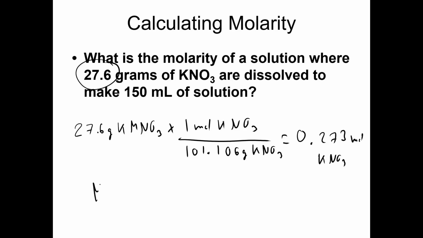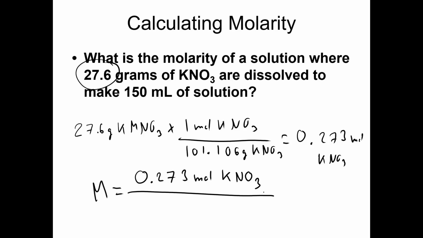And then if I want molarity, I take those moles, 0.273 moles of KNO3, or potassium nitrate. Again, I'm going to move the decimal over to convert to liters, divided by 0.15 liters, 2 significant figures, which gives me a molarity of 1.8 M KNO3.